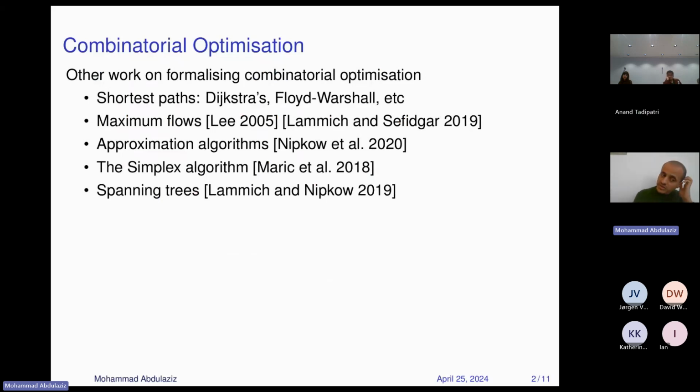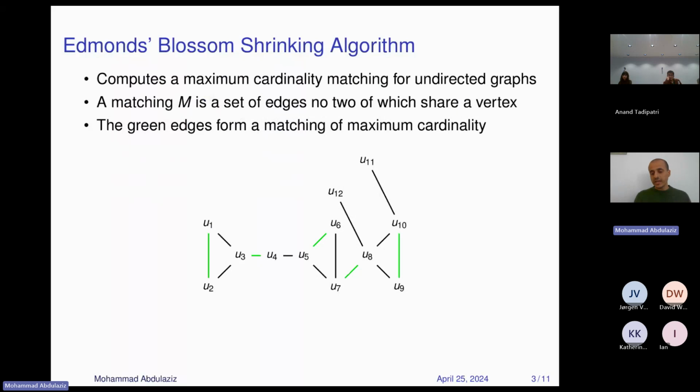Approximation algorithms have been considered. The simplex algorithm for linear programming and integer linear programming has also been done, and algorithms for computing spanning trees. This isn't in any way the first ever try to formalize combinatorial optimization. It is, I would say, though, the first attempt to formalize correctness of substantial matching algorithms.